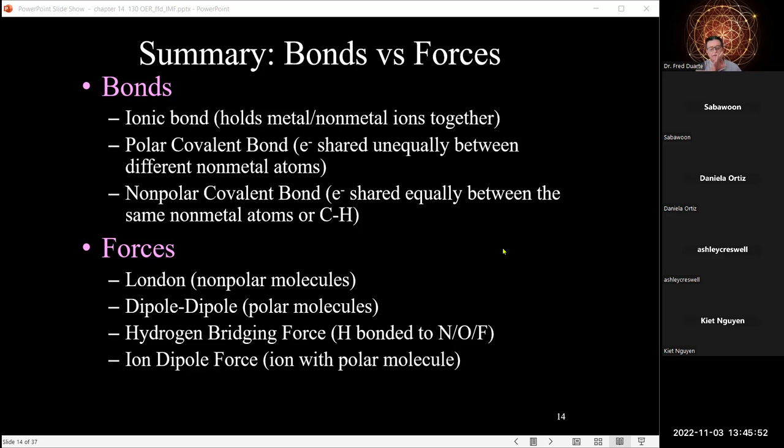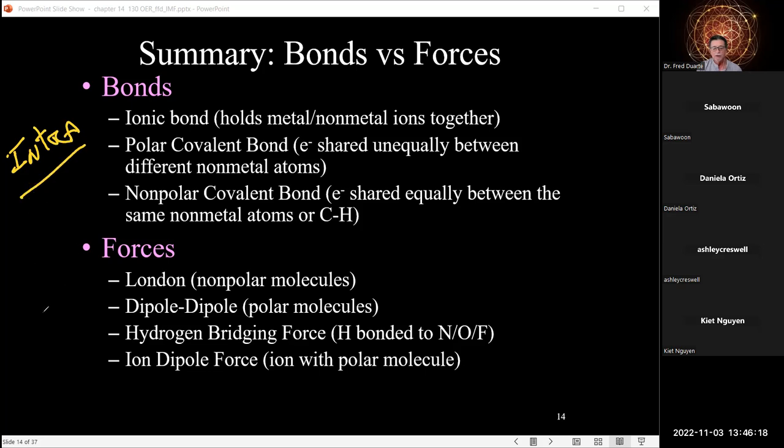All right, so let's summarize the differences between the bonds and the forces. Kind of put it all together for you. When we talk about the bonds, remember that we are talking about intramolecular interactions.